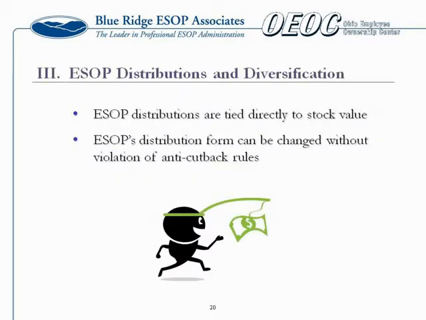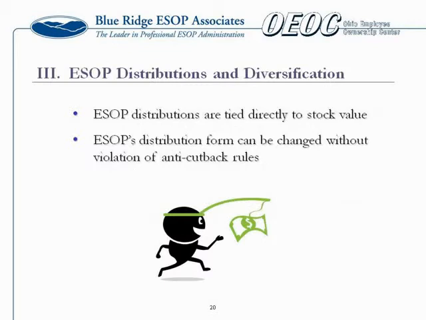Okay. The next slide is talking about ESOP distributions and diversifications, and I'm only going to briefly touch on it. I believe there's a future webcast on this. ESOP distributions are directly tied to stock value, so your distributions are going to reflect that value.